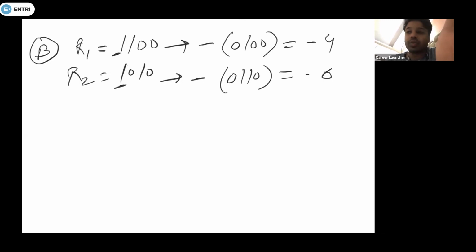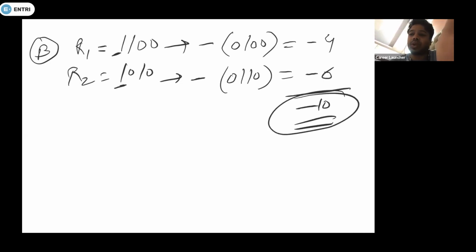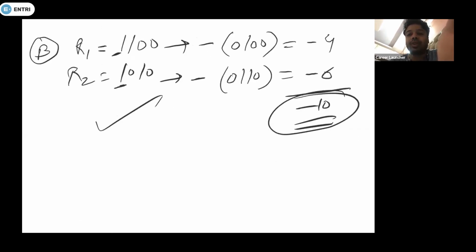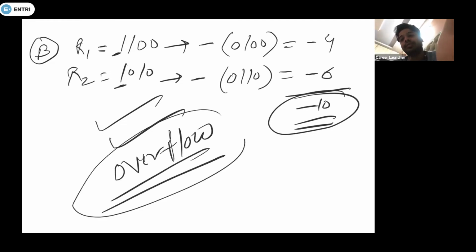So the sum is minus 10, which is not in this range, so definitely it will create overflow. B is the correct answer. If any one of the numbers does not occur in the range of the 2's complement, then overflow will occur. Clear?